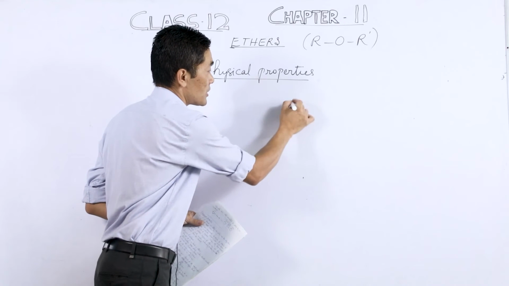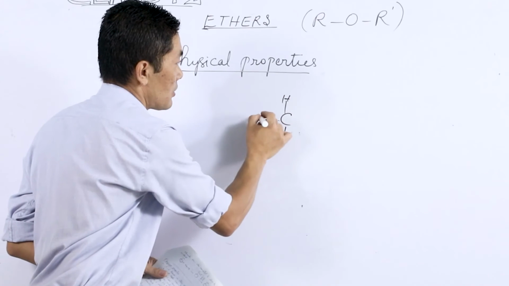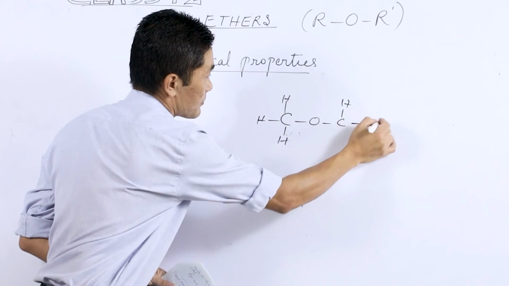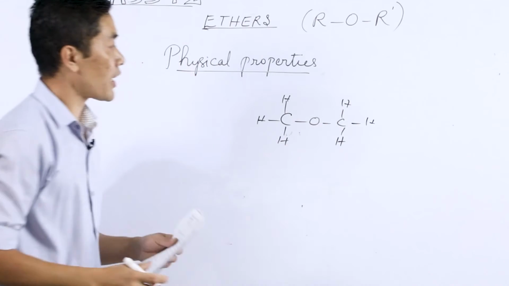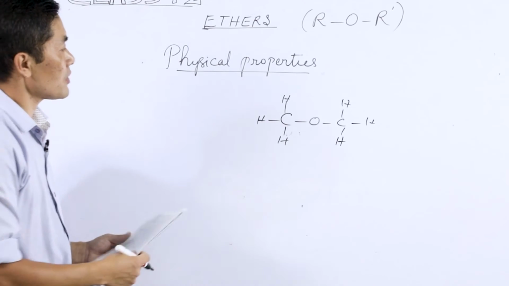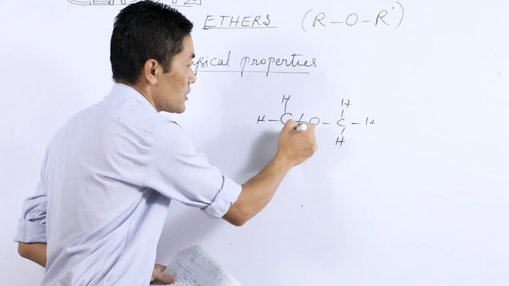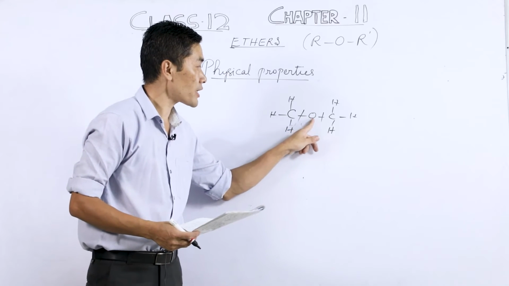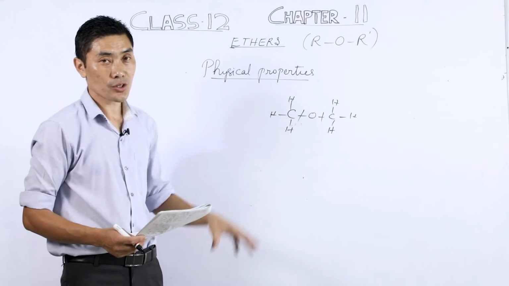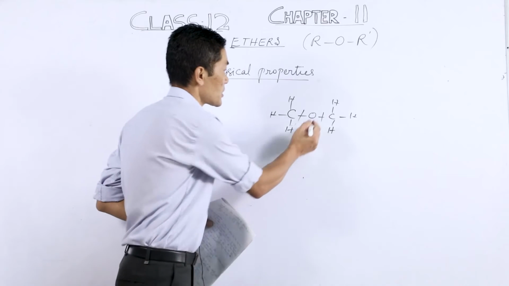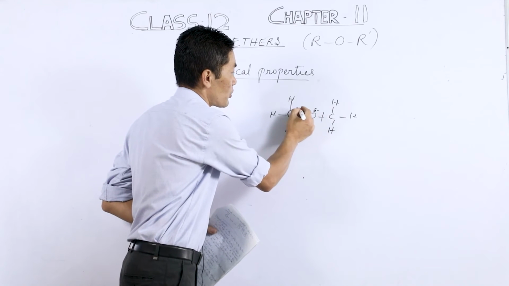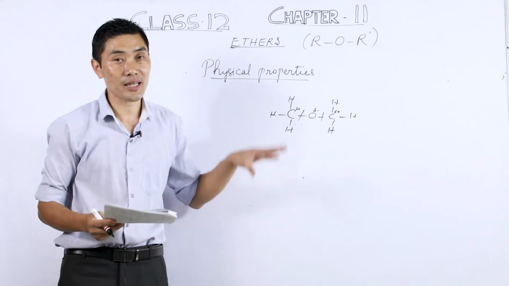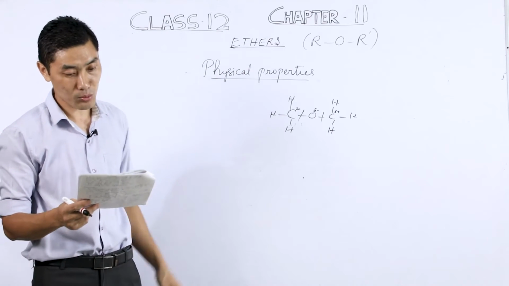Suppose we have CH3OCH3, dimethyl ether. These C-O bonds are polar in nature because oxygen is more electronegative than the carbon atoms. So due to difference in electronegativities, polarity is developed. And it is due to this that the ethers have net dipole moments.